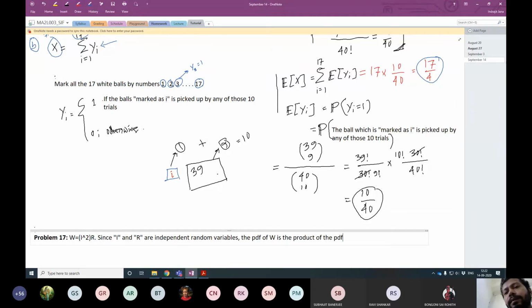is the product of the PDFs of I square and R. We already know the PDF of R, it's given.